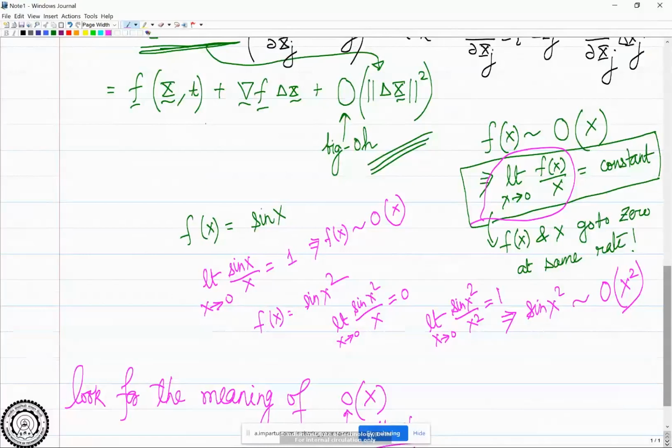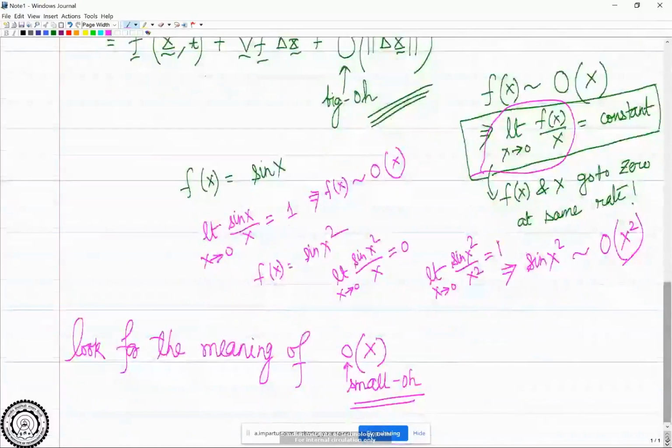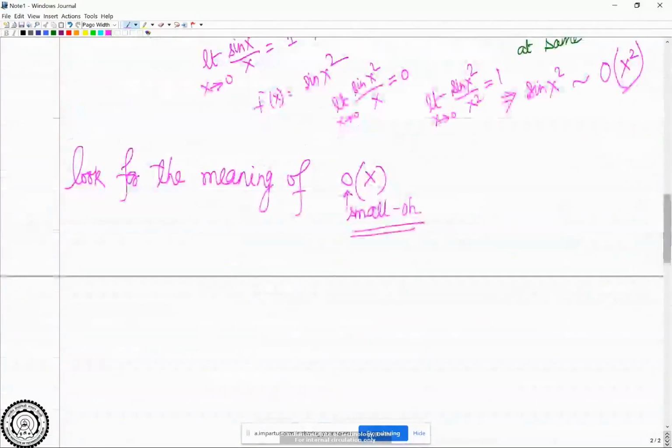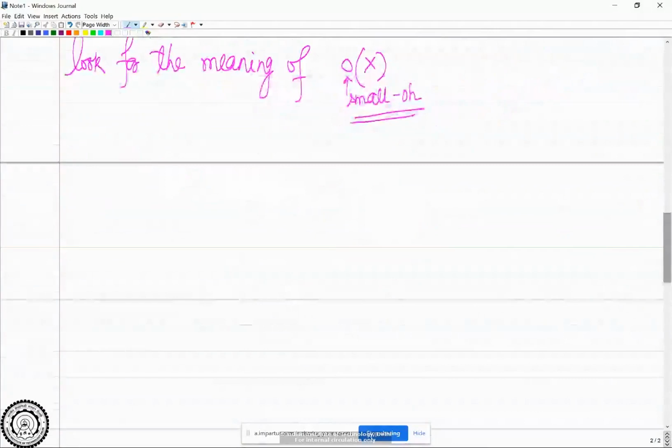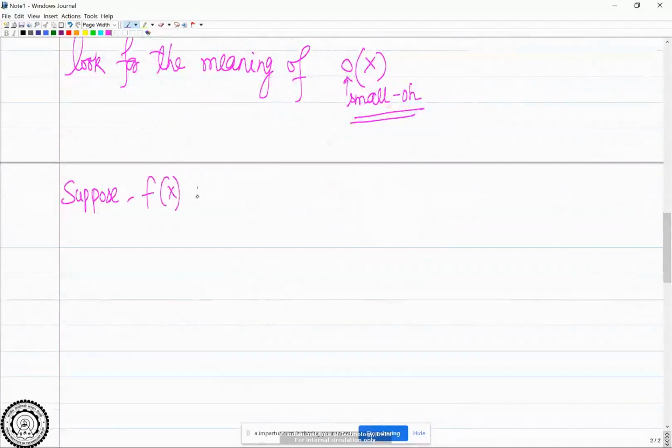So f of x is very, very complicated. So let me write that also here while I'm saying. So suppose f of x is quite complicated, a very big expression.